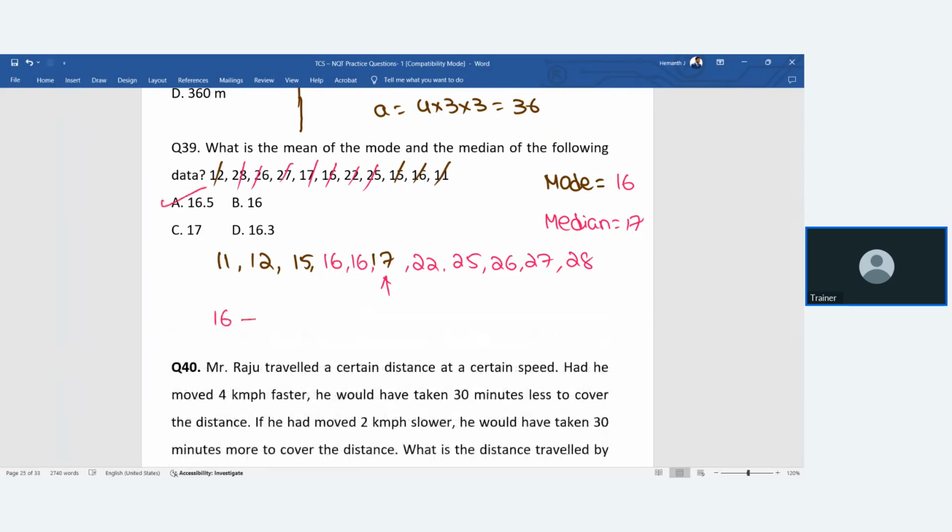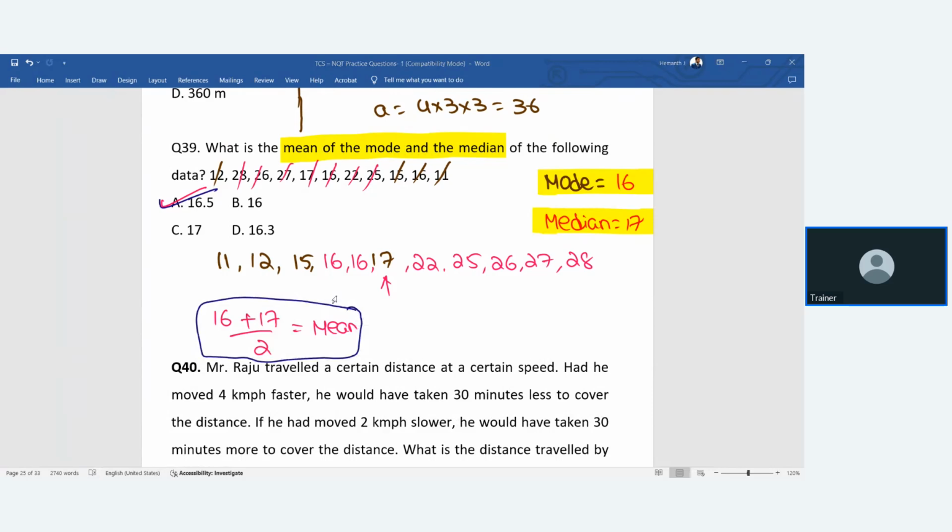Not the mean for the above data, my dear friends. The question is regarding the mean for the values of mode and median. This is mode. Here you have median. Adding those two and dividing by 2 is equal to the mean, which is 16.5.